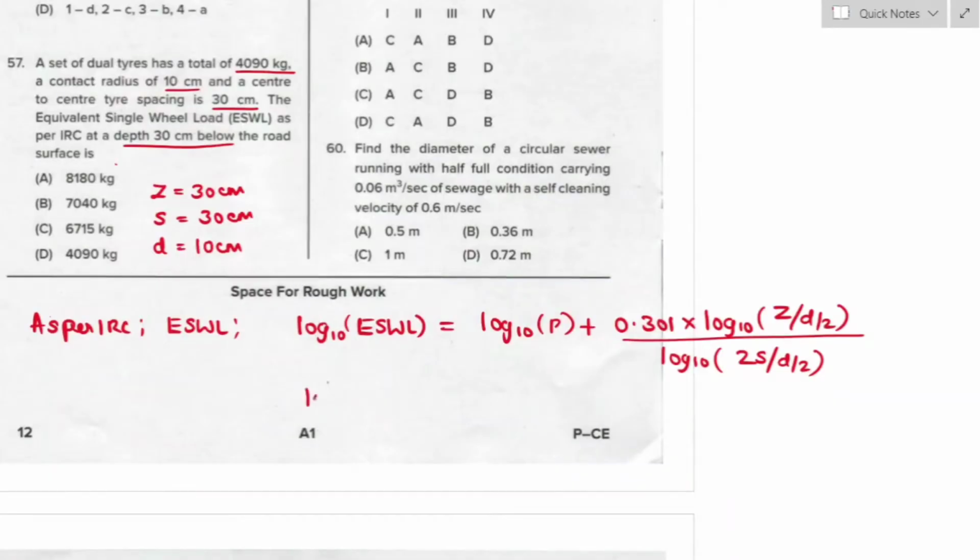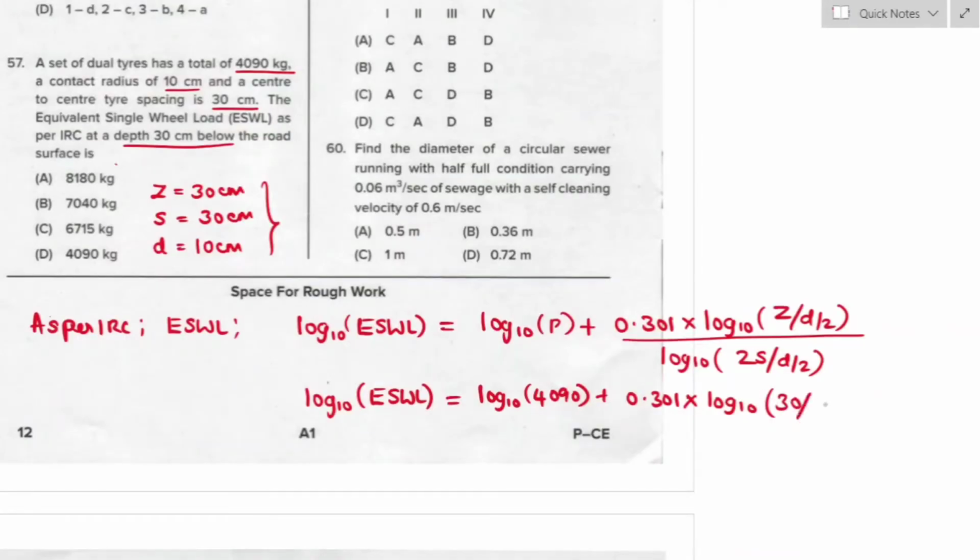On substituting the given values, log 10 of ESW is equal to total load is 4090 kg, so log 10 of 4090 plus 0.301 into log 10 of Z is the depth 30 cm, so 30 divided by D is the contact radius, so 10 cm divided by 2, whole divided by log 10 of 2 into S is the spacing, so 30 cm, so D by 2 is 10 by 2.